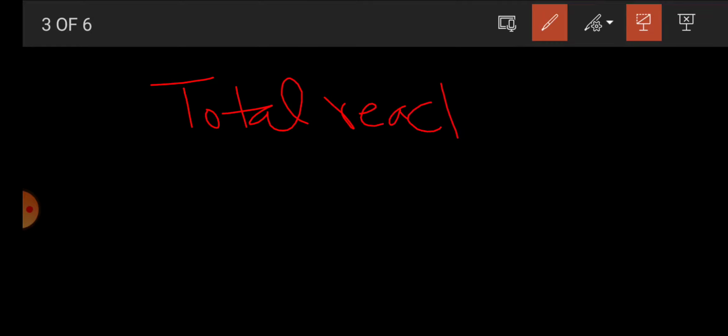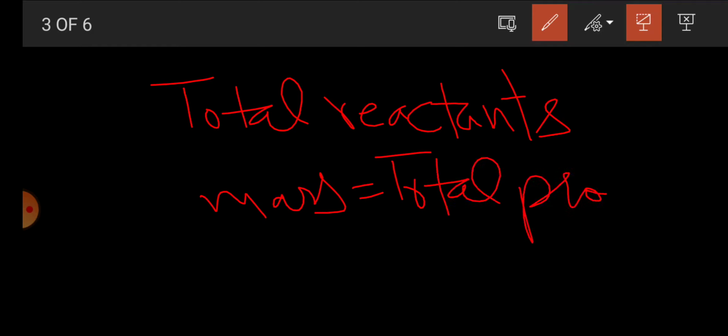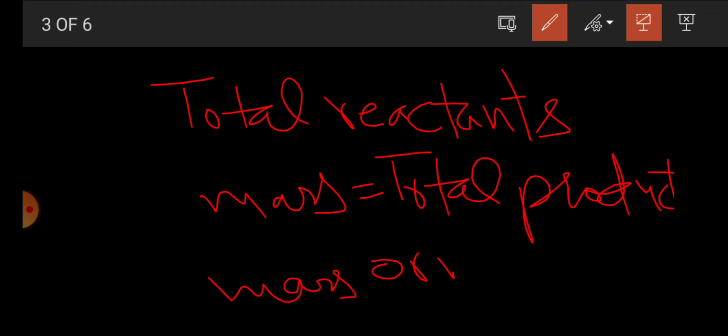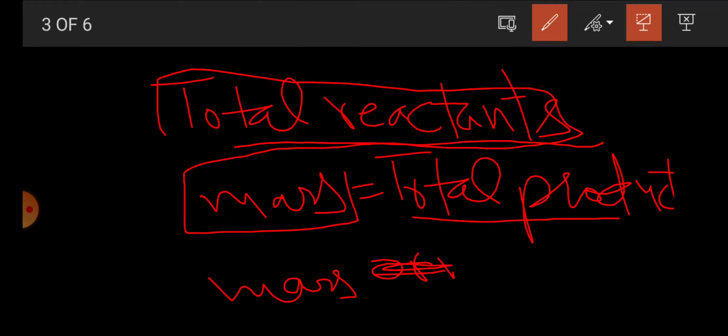Either there is one reactant or more than one reactant, the total reactants' mass will be equal to the total products' mass. There can be one product or more, but the total mass of the reactants will be equal to the total mass of the products.